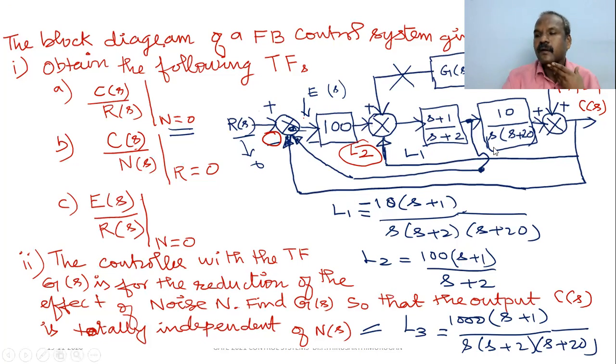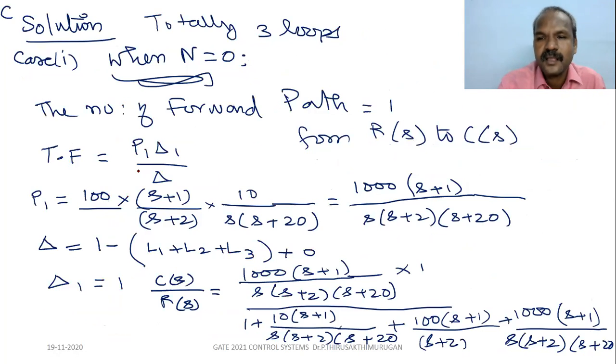So delta 2 is... M2 is your second forward path.